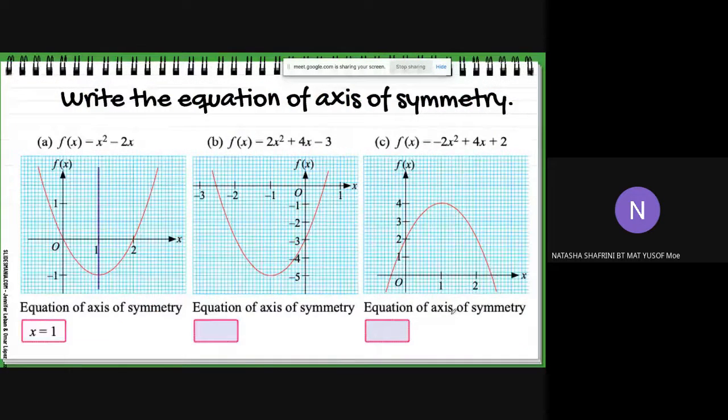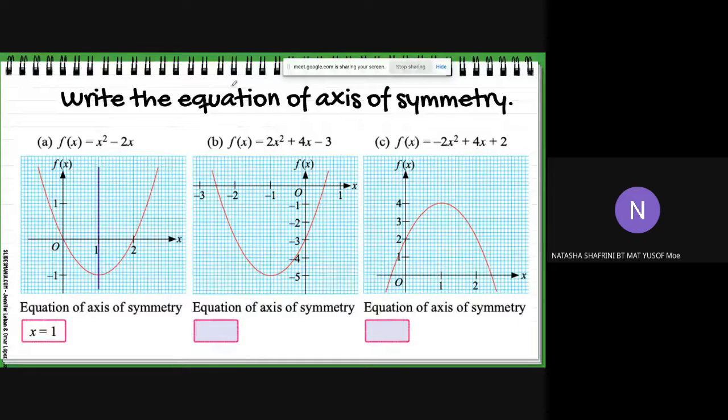Okay, write the equation of axis of symmetry. Okay, for the first graph. Okay, so kita akan tengok identify dia punya maximum minimum kan. Ini kita ada maximum or minimum point? Minimum. Minimum point. Okay, good. Minimum point. So ini yang you nampak, the blue color here is the line of symmetry.